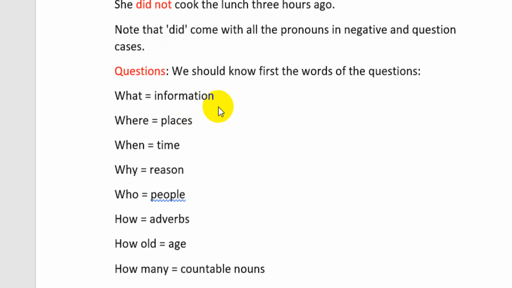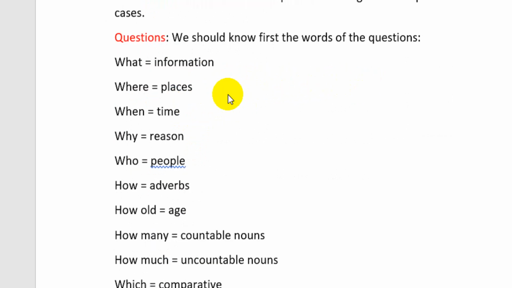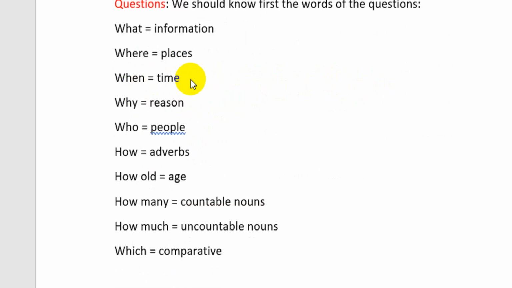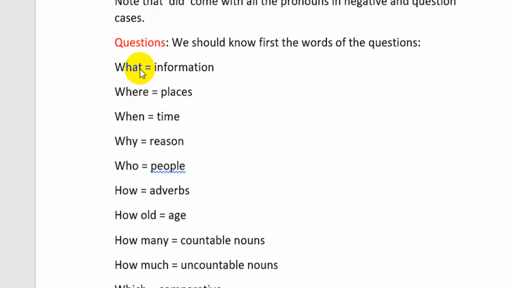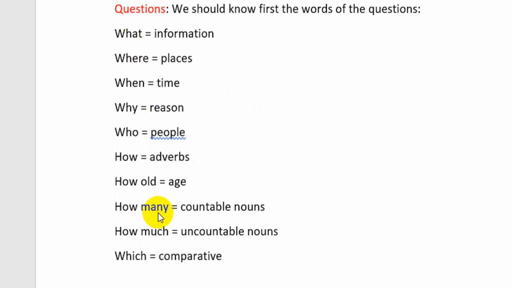Questions, الأسئلة. We should know first the words of the questions. In the last lesson, in the last video, we explain about the WH words, right?